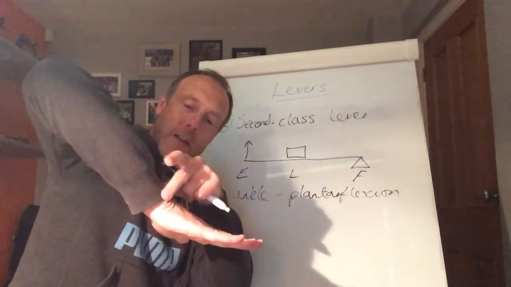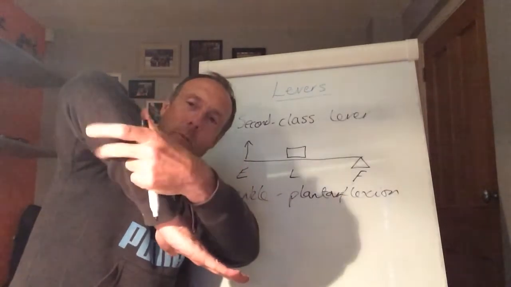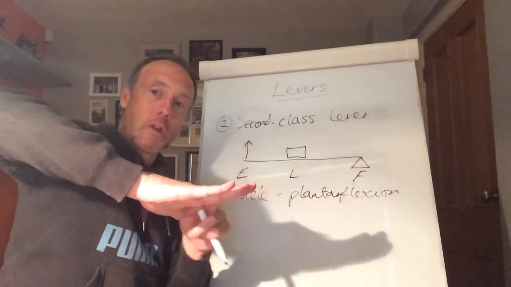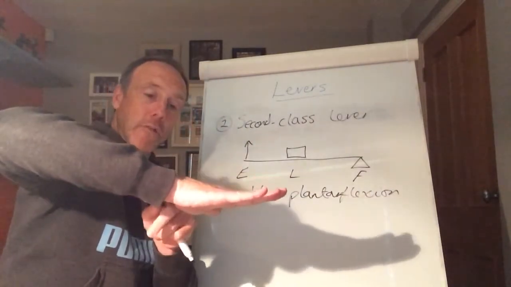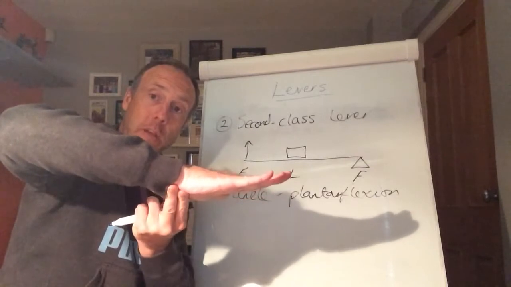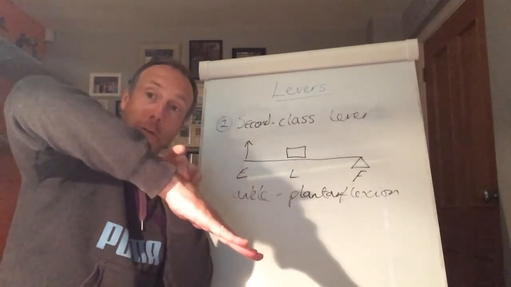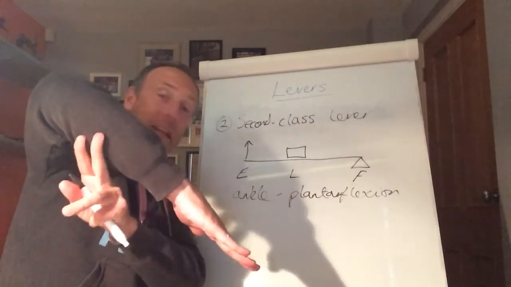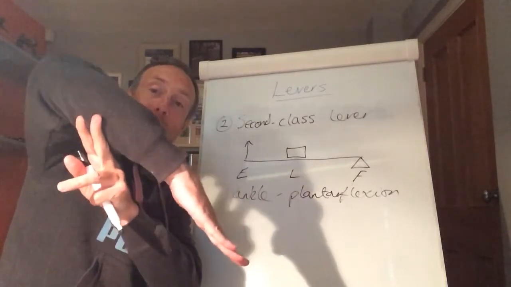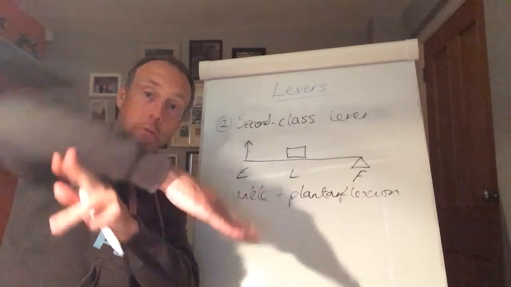But obviously here's the foot, here's the ankle, and here would be the gastrocnemius. So I've got the fulcrum at that point as I push up, the load that's sitting on top of the fulcrum, and then the gastrocnemius, which is applying the effort to point the toes.